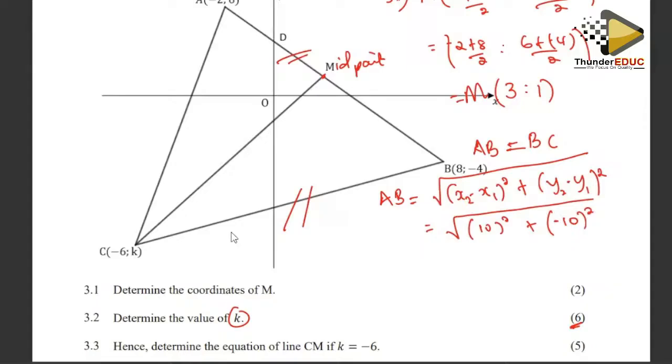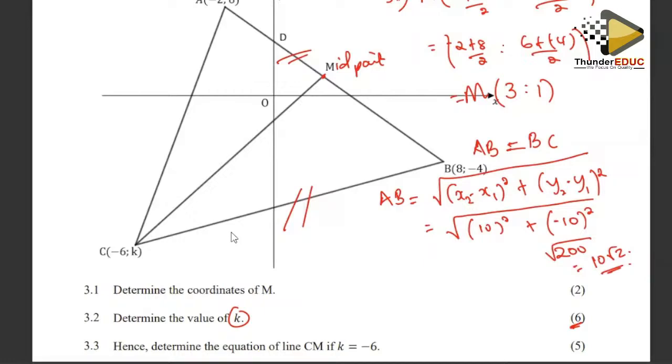So that's 100 and 100, which gives us 200. And the root sign, which is the same as 10 root 2, not 2 root 10. It's 10 square root of 2 units. So that is our AB.